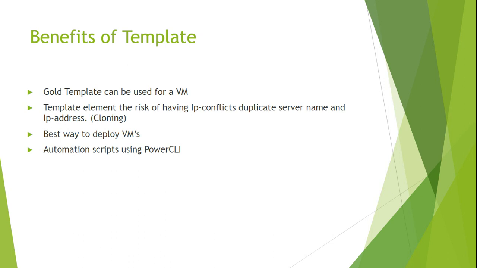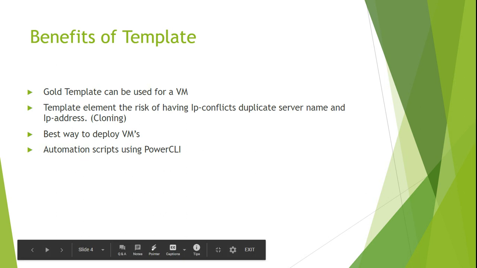So that's really handy. What else can we do? You can automate it at the same time if you want. Obviously, if you have your template ready, you can start using PowerCLI, and then you can just run a script to deploy your VMs when you need them, which is pretty cool.